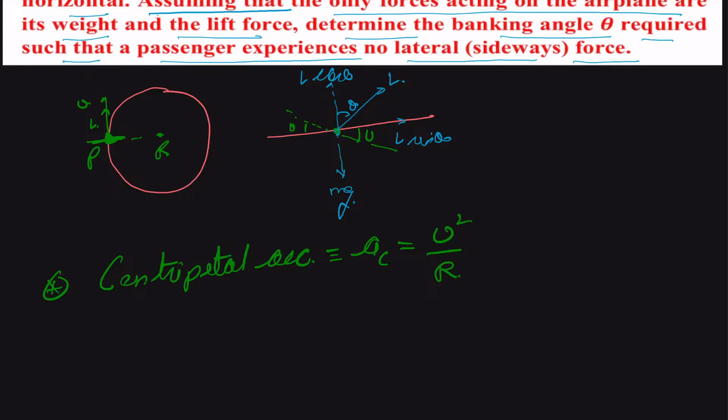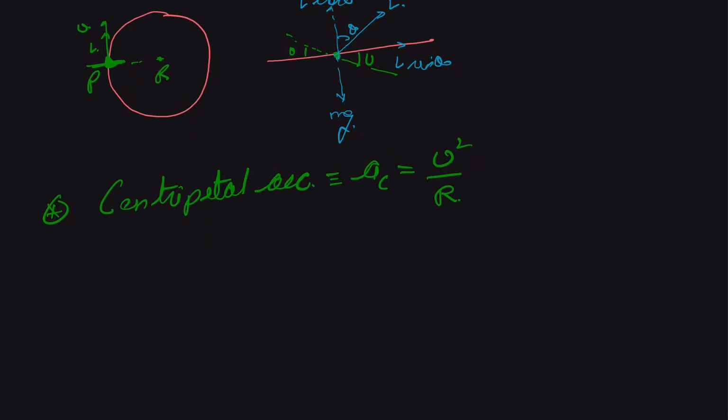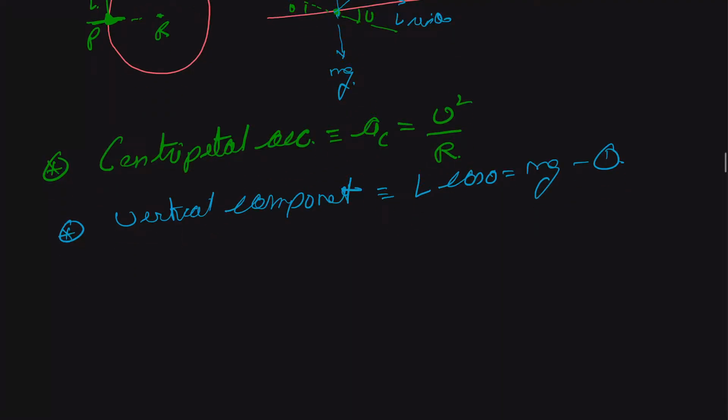And so we divide our lift L into two components, sine and cos. Therefore we can write that our vertical component is going to give us L cos theta is equal to mg, equation number 1.